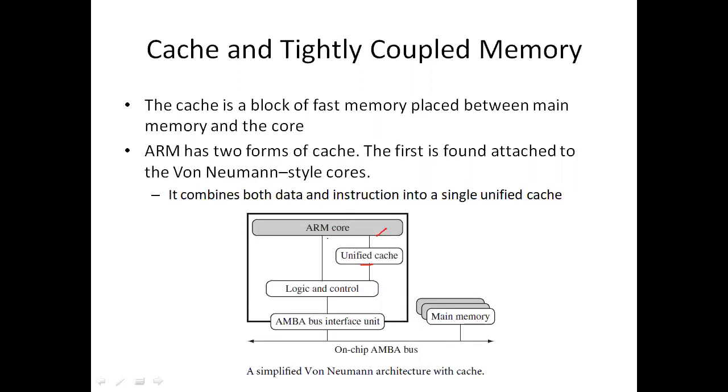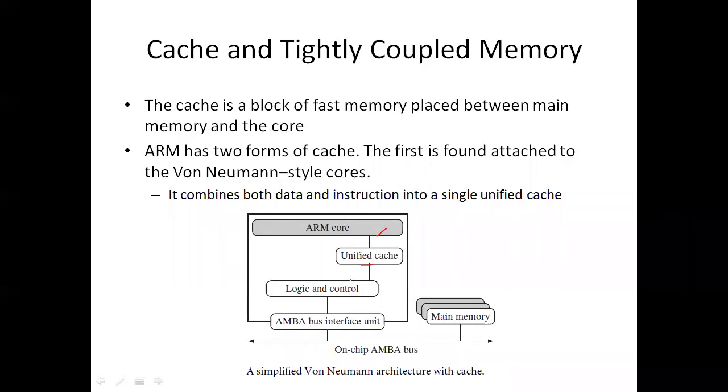So the ARM processor, instead of accessing that information from the main memory, will take it from the cache memory. That loading of the cache and transferring the data back to the main memory will be controlled by this logic and control unit, with the help of AMBA bus interfacing.